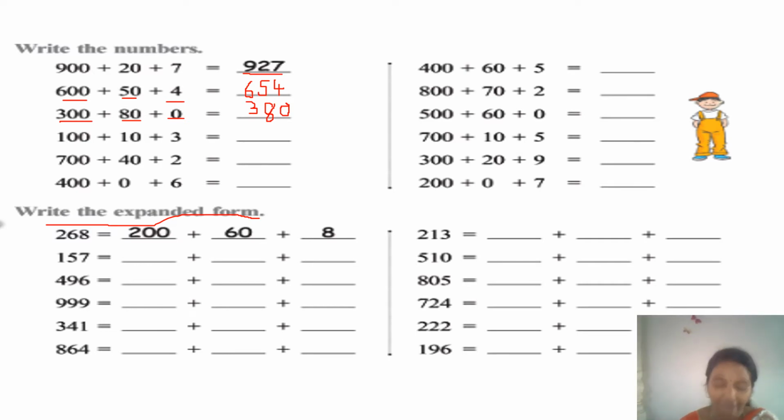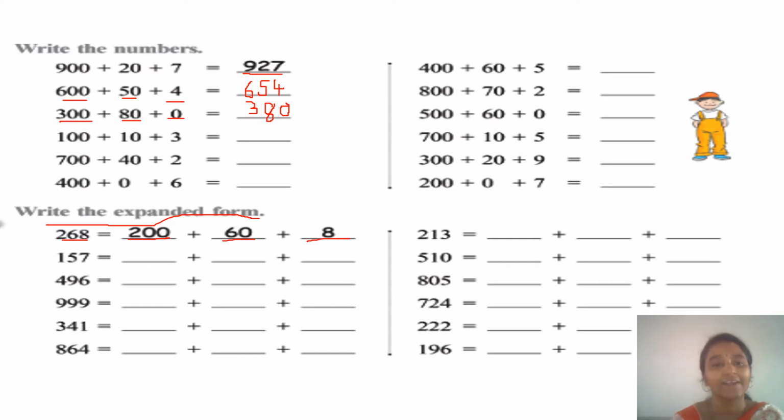Now what we have to do is write the number in expanded form, like 300 plus 80 plus 4. We have to write like that. Now 268 is already solved for you. It was written as 200 plus 60 plus 8.